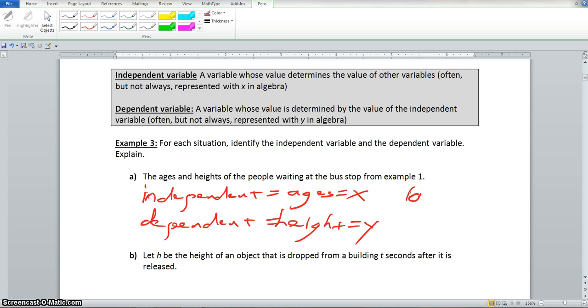Now, I'm going to do a little abbreviation. This B/C means because: height depends on how old you are.